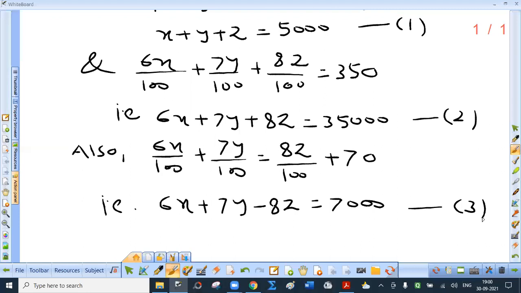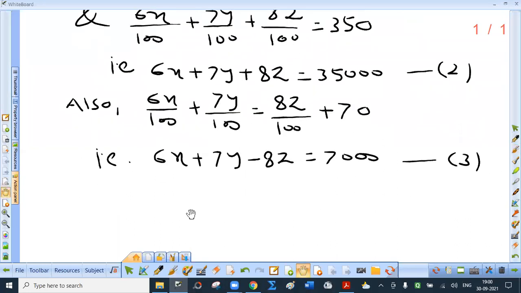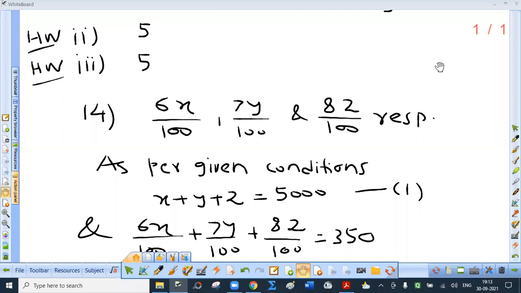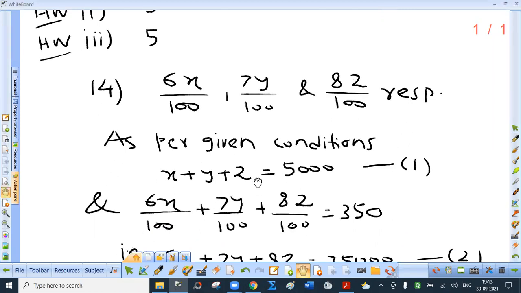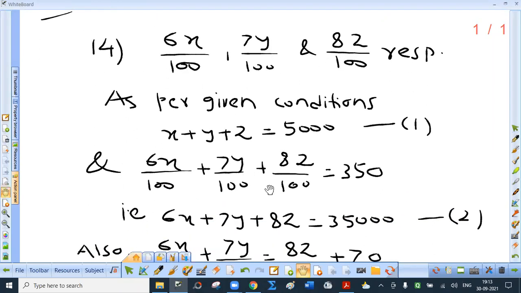Now we are supposed to solve this using Cramer's rule.